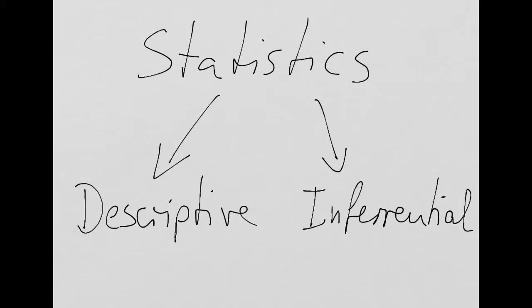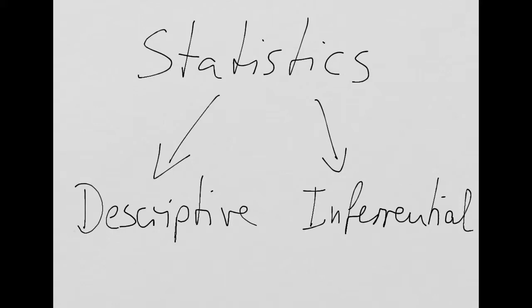Descriptive statistics simply allows us to look at a certain set of data that we have and make some comments about these data. And I'll give you an example for that in today's lecture. Inferential statistics is basically making some educated guess from a small sample about a big population.